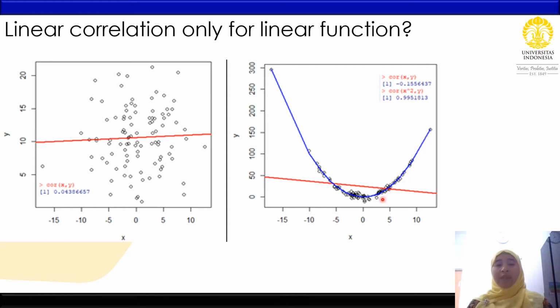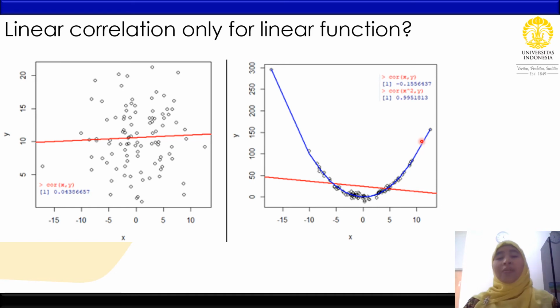But if we calculate the linear correlation for this data, and we fit a straight line to this data represented by this red line, then we can see that almost all of the points are outside the line, scattered away from the line. And then the linear correlation is given by minus 0.01556437. It's such a really low correlation.